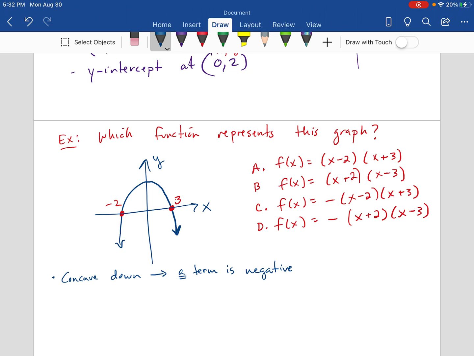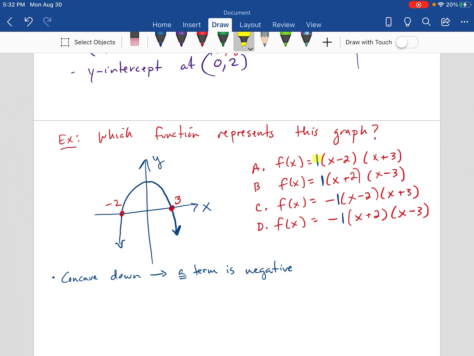Okay, so I'm going to look at my options. I have 4 options here, A through D. Now my A term is always the first number before the parentheses if I have any. But here, I don't see any numbers. But remember, if they don't write one, it's a 1. So I'm going to put in a 1 everywhere, right before the parentheses.